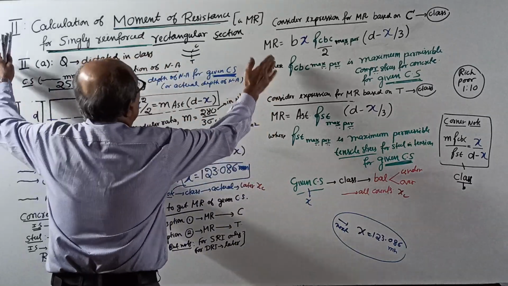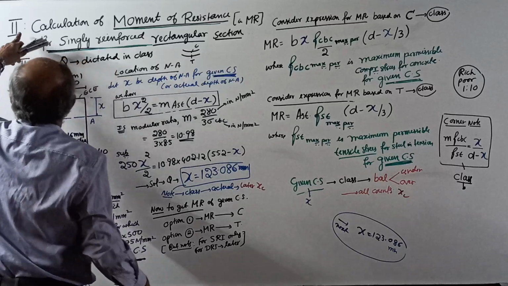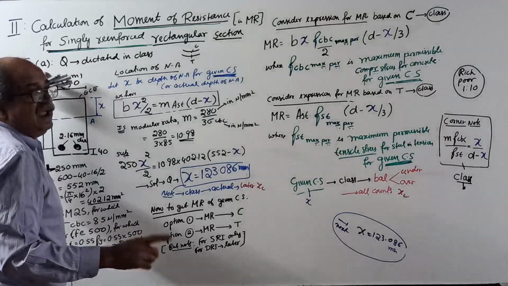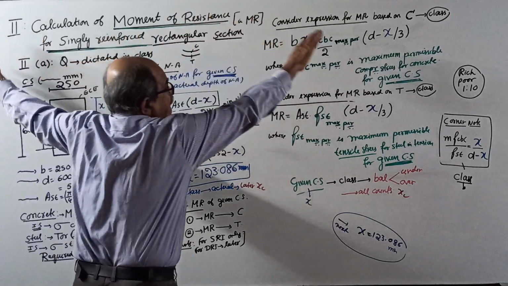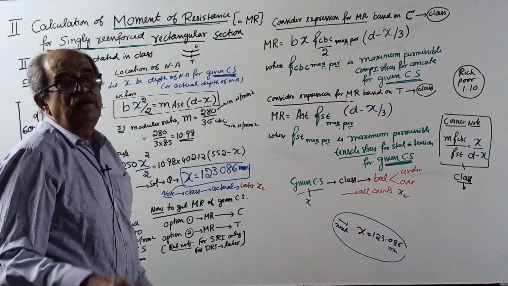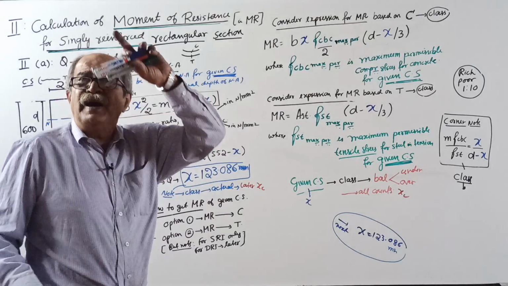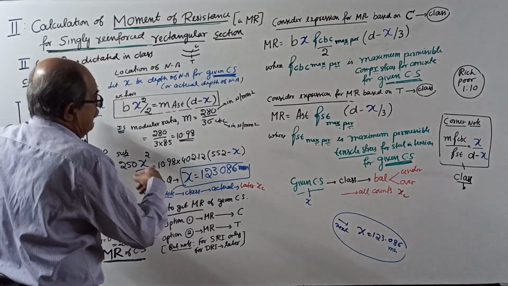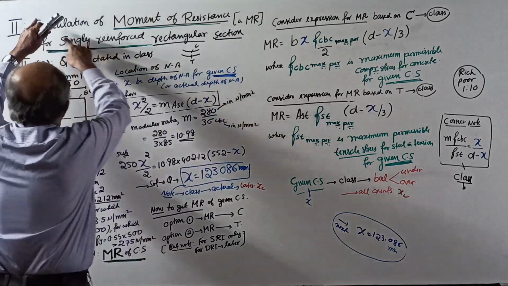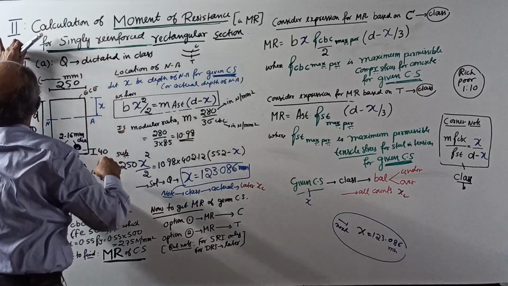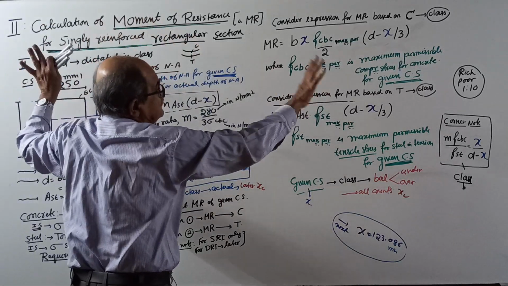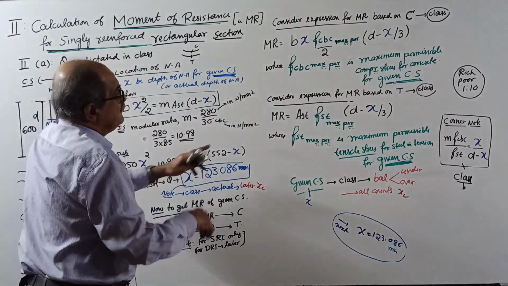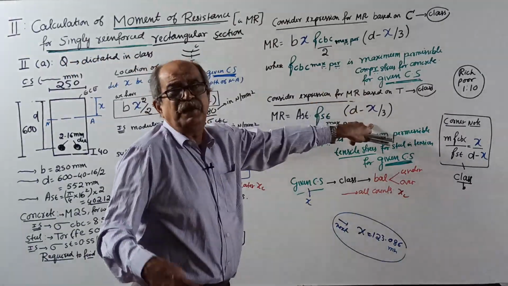Now, I will continue the question here. When I solve Roman 2b, I will write the same thing once again on the board, but I will not explain. I will tell you to refer to Roman 1a. Then after getting the x value, I will start here. Roman 2a over Roman 2b, this much I will write before the class. All this was already explained in the previous class.